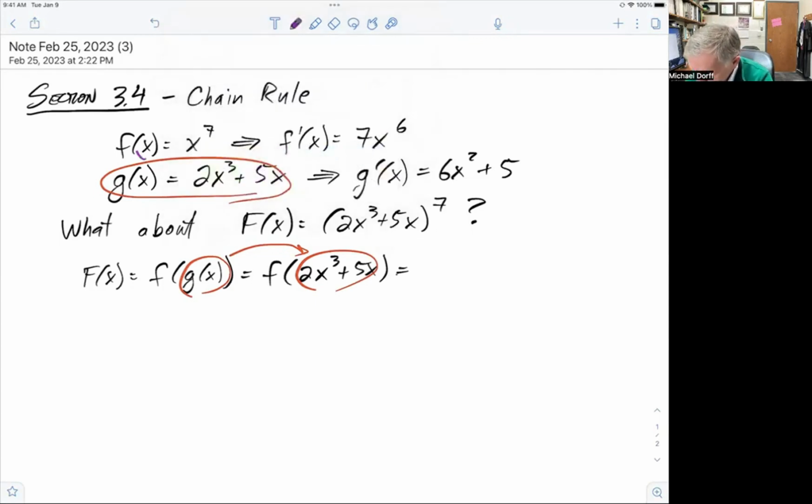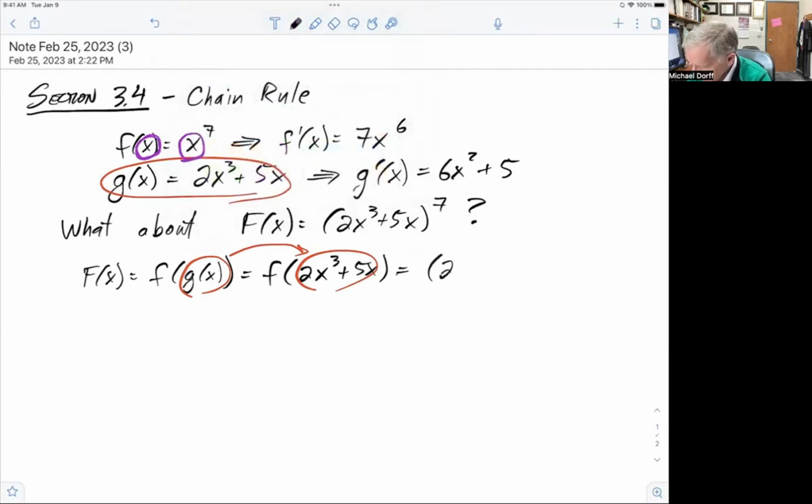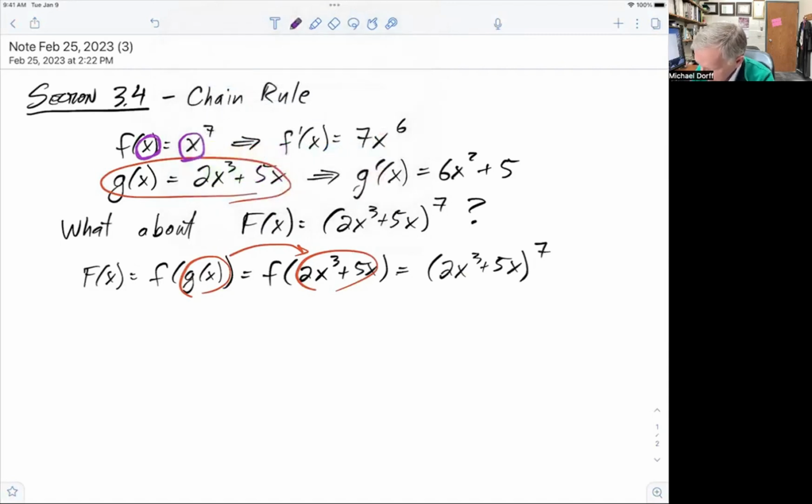In other words, instead of having just an x here and here, we're now going to replace that with this 2x cubed plus 5x, and that's going to come back and give me this.